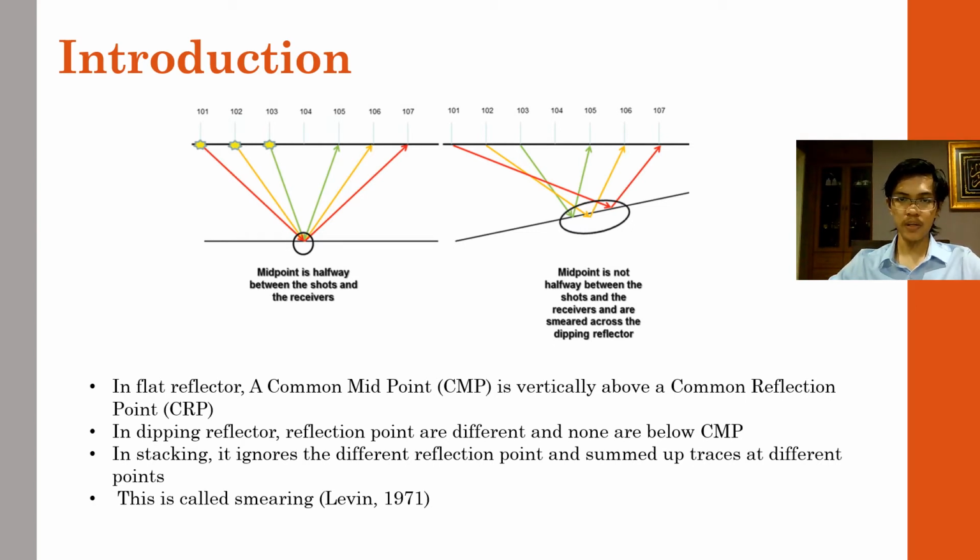So when we do stacking, it ignores the different reflection points and sums up different traces at different points. This could lead to a wrong interpretation. This is known as smearing.